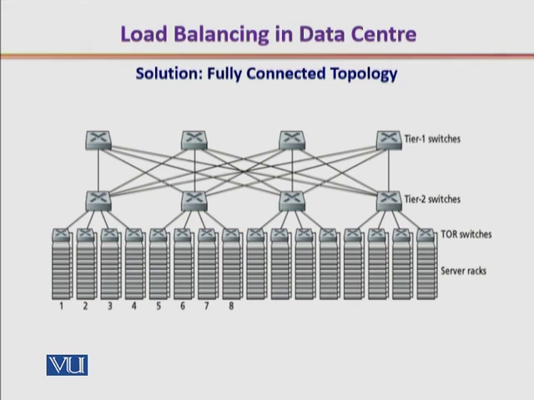Now, this particular switch, which is connected to 4 of these top of rack switches, is now connected to more tier 1 switches, such that if the requests are sent in, or the replies are sent out, or if the paths are to be established between the top of rack switches, these can be routed from here to here. In this way, the overall bandwidth requirement can be met and fulfilled.